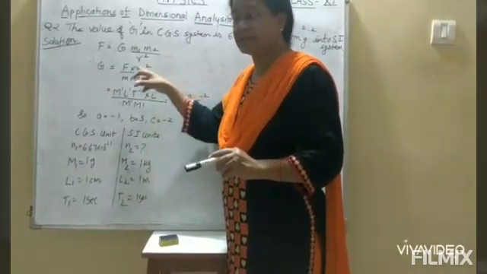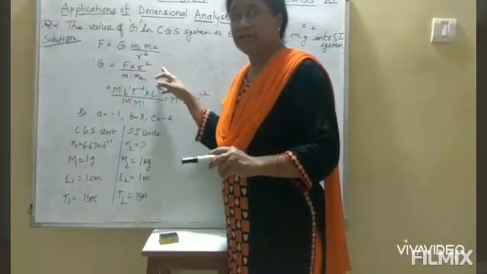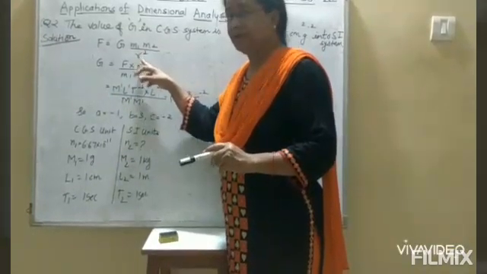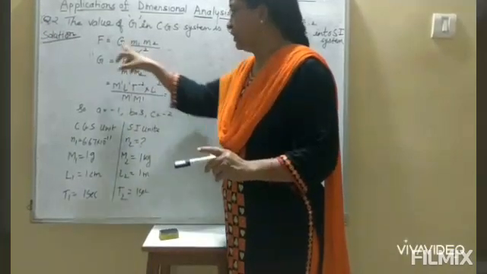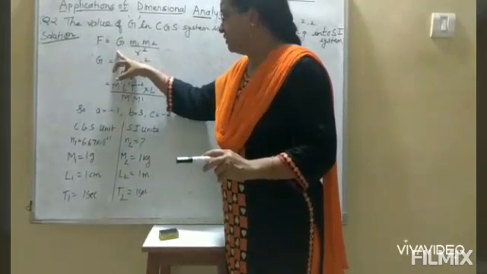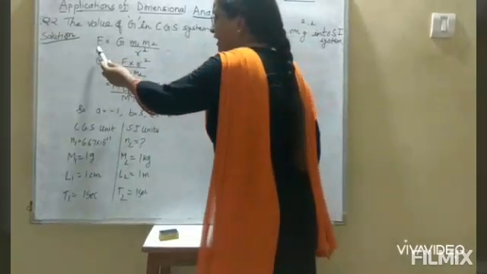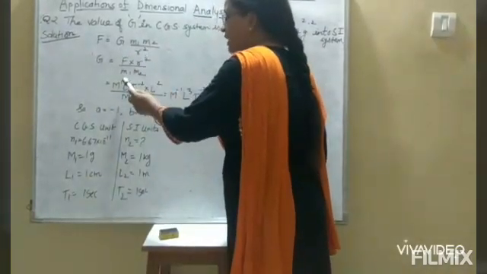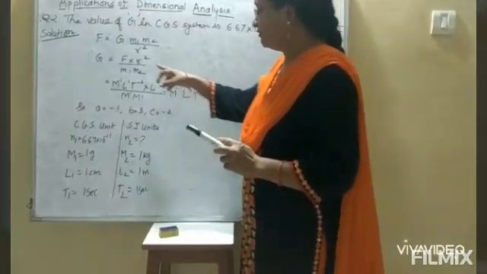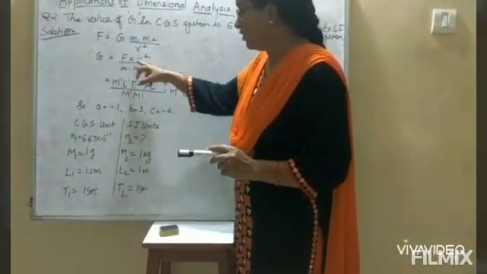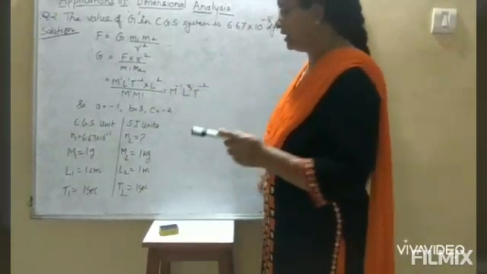Dear student, this formula you have studied in 9th standard in the chapter Gravitation, the universal law of gravitation. So what is G equal to? G will be equal to, by cross multiplying, F into r square upon m1 into m2. Now we will put one by one the dimensional formulae of each physical quantity.